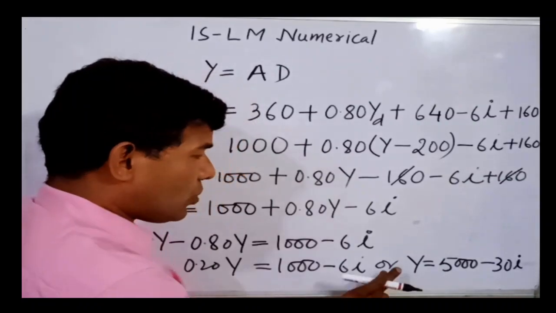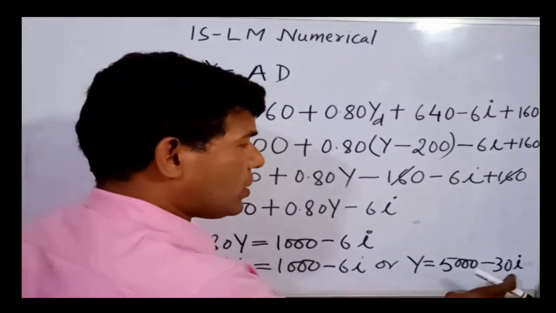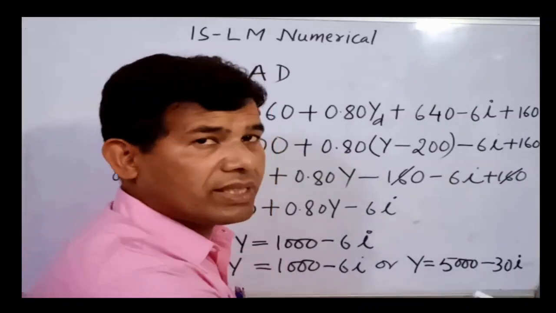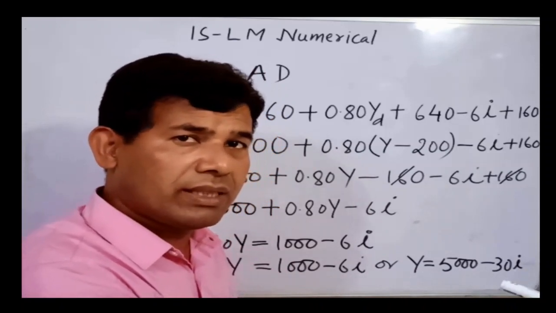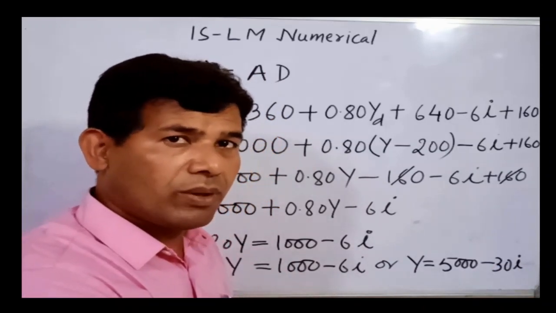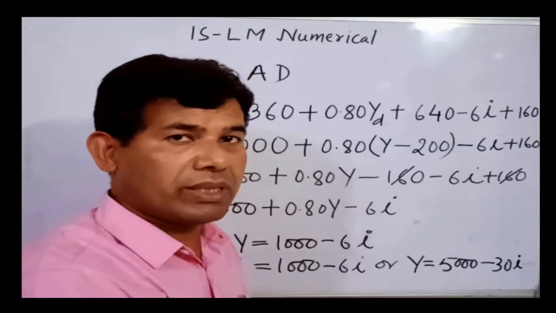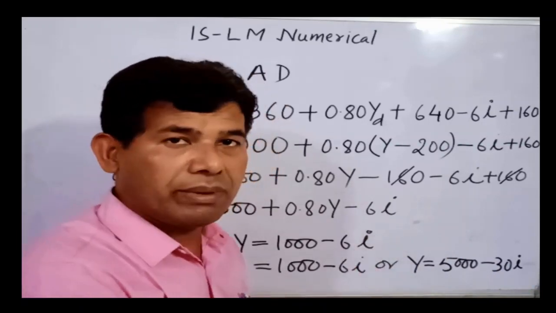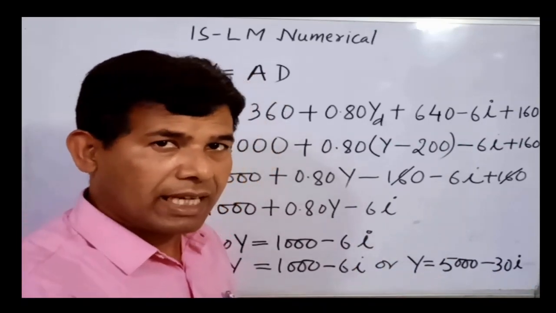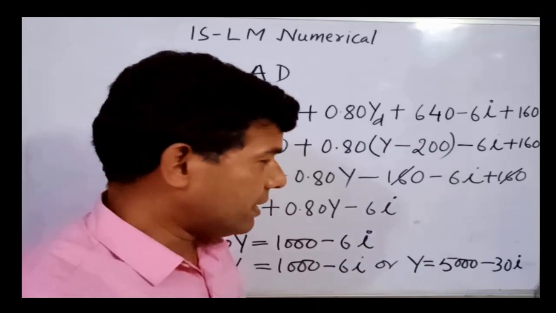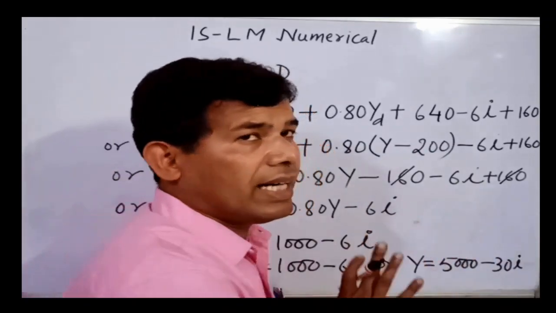Which means to know equilibrium level of income, we must know the interest rate. And where is the interest rate determined? Interest rate is determined in the money market. Therefore, we need to derive the LM equation to solve the value of equilibrium income, because goods market and money market are both interdependent. However, this is what you call the IS equation.